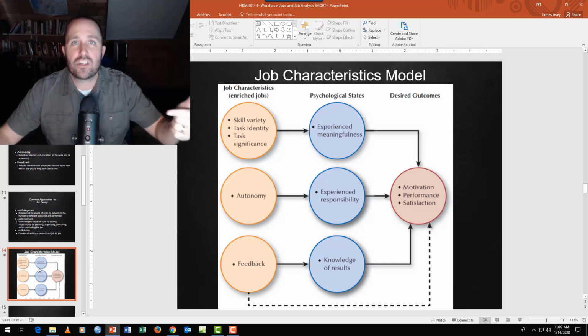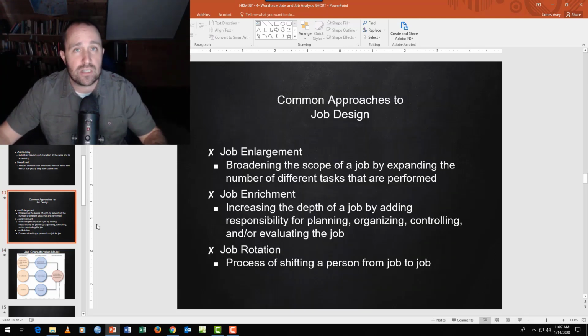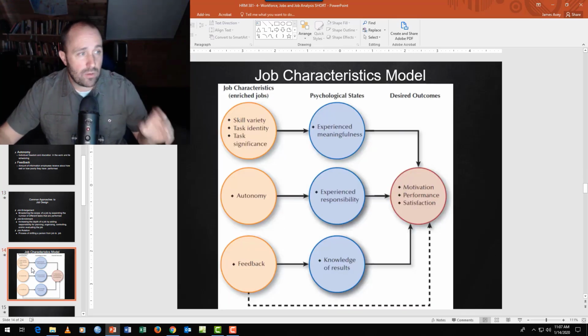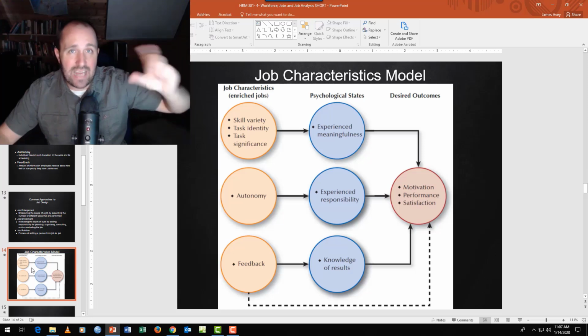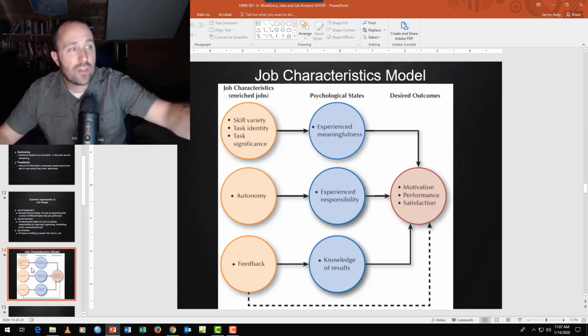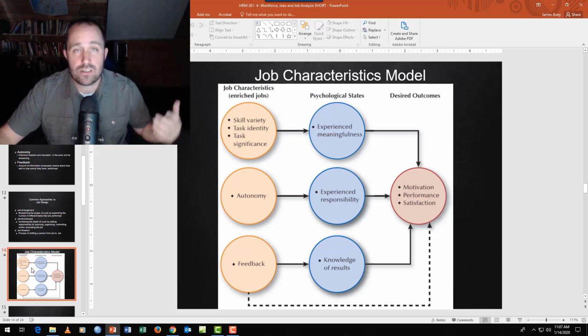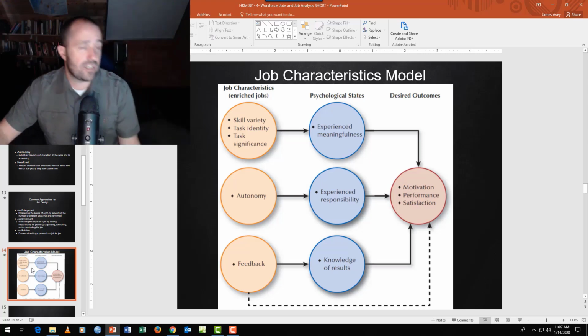In other words, it should tell managers what to actually do. So there's basically 3 main prescriptions from this particular theory. Again, the concept that we're looking at is how do we design a job or redesign a job, to increase these 5 things so we get the benefit of that as managers, also as employees, and as the organization as a whole.